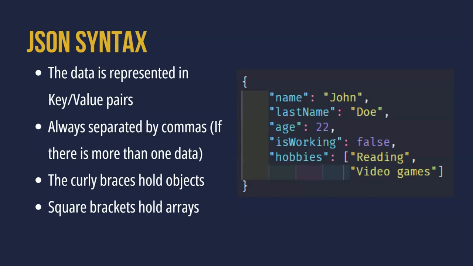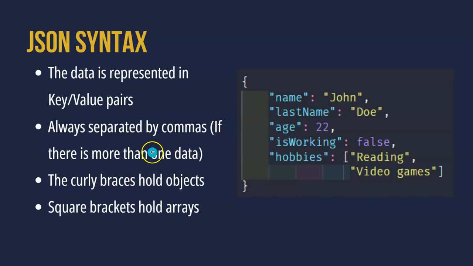We use this type of format when we want to send, store, or receive information. Also, something really important is that if I had only this one key value pair, only name, it is not correct to add a comma if we only have one key value pair.